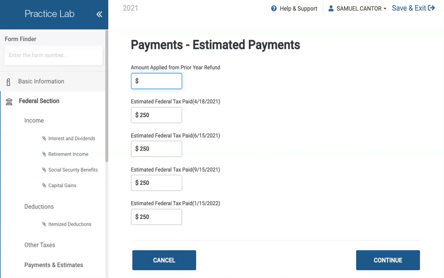Another nuance here is that while estimated tax payments can be very reasonable, particularly for a self-employed individual, they are less than desirable as taxpayers get older and potentially more forgetful. So if you have a taxpayer with Social Security or a pension or IRA withdrawals, it's good to encourage them to increase their withholding from those payments, that income stream, and stop making estimated payments.